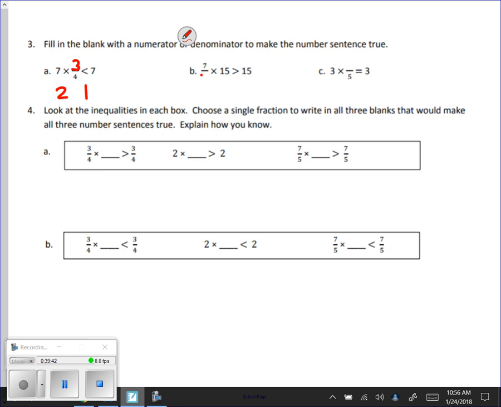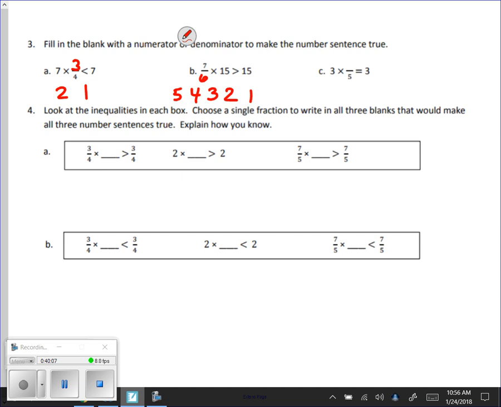So I can use a 6, a 5, 4, 3, 2, 1. Anything smaller than 7, because it needs to be an improper fraction. I need 15 to get bigger than 15, and in order for that to happen, I need my fraction to be improper.